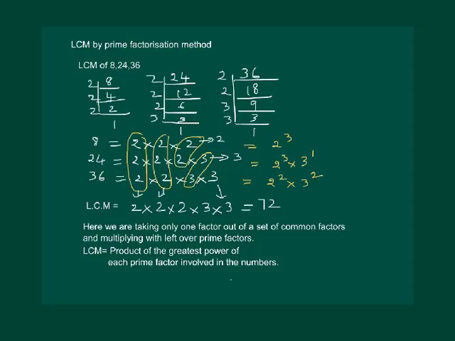So the greatest power of the prime factor 2 involved in the three numbers 8, 24 and 36 is 2 to the power of 3, and we have to take the product with greatest power of next prime factor, that is 3 square. This also gives us LCM 72.